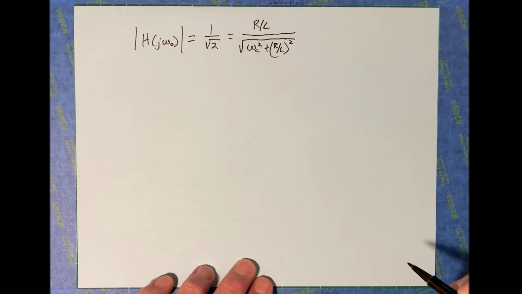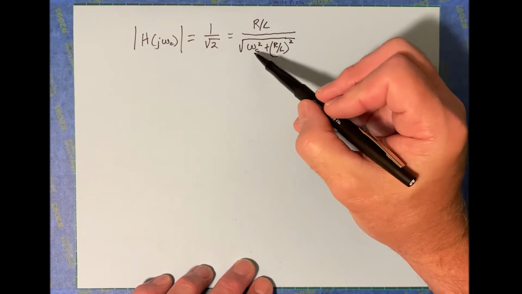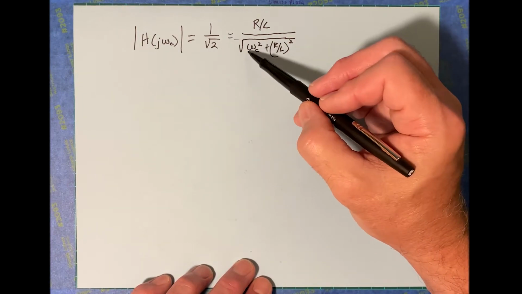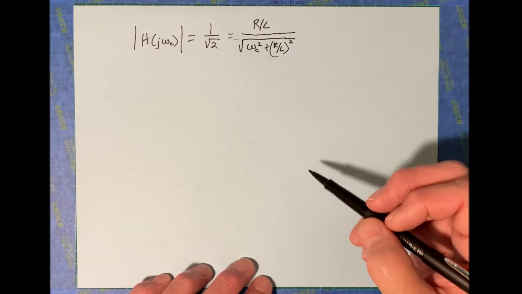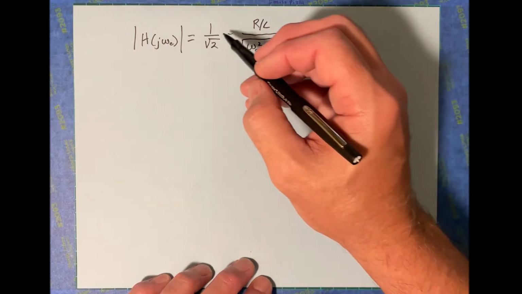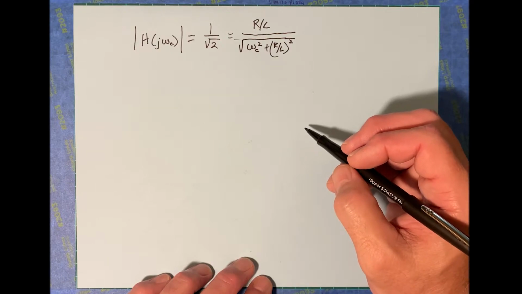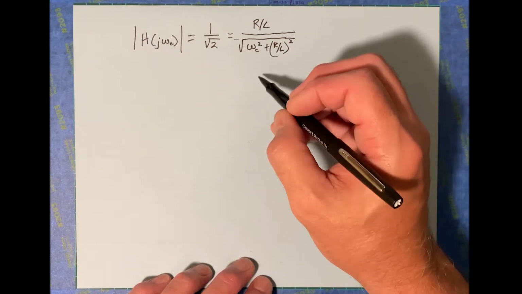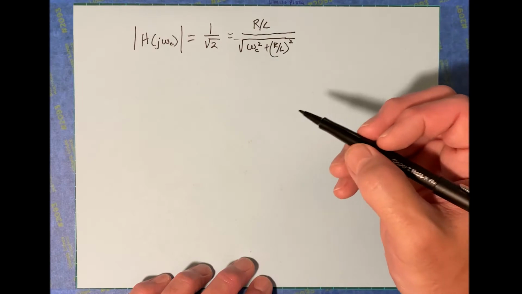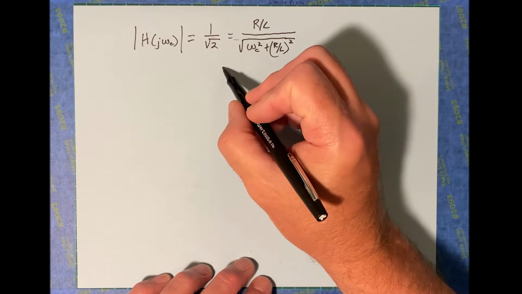Okay, so there's the equation that we need, and we need to solve this for omega sub c. That's just algebra, so go ahead and prove to yourself that this is the case. You really only need to worry about the final result here, though.